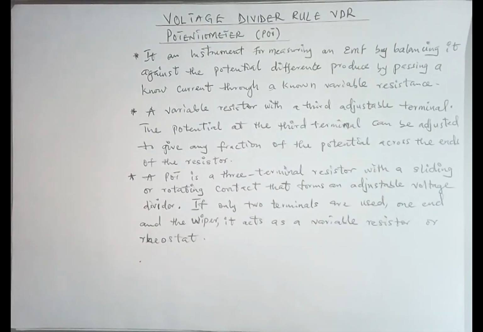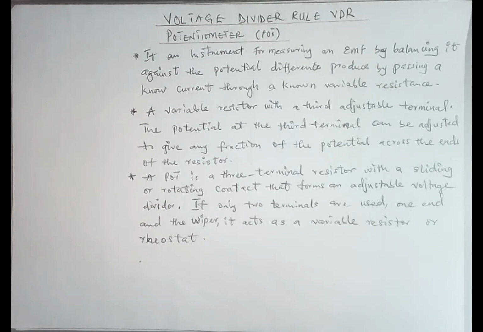First and foremost, let's talk about potentiometer, because there's no way we're going to discuss voltage divider rule without talking about potentiometer, because potentiometer is one of the most important applications of a voltage divider rule.